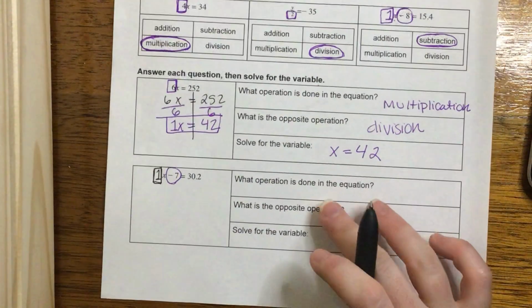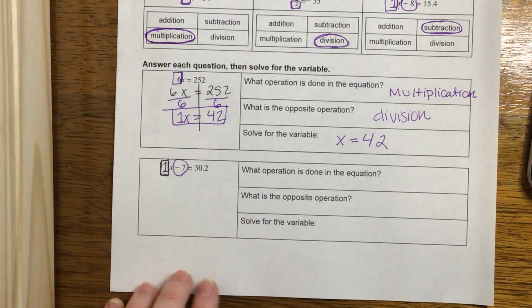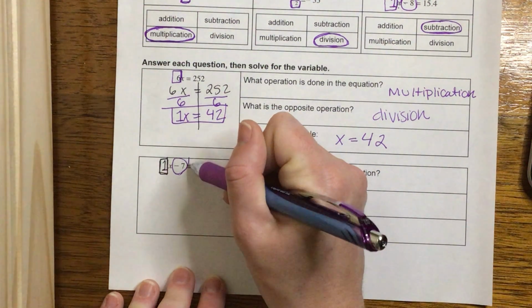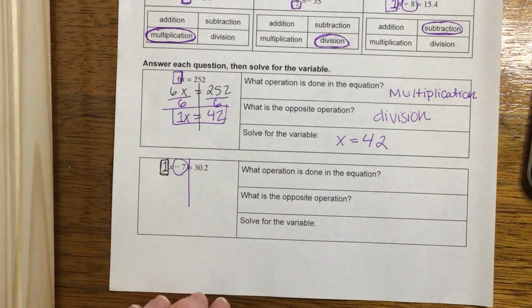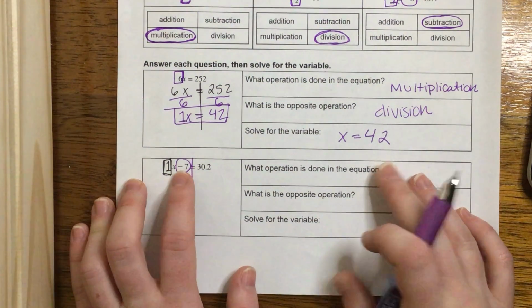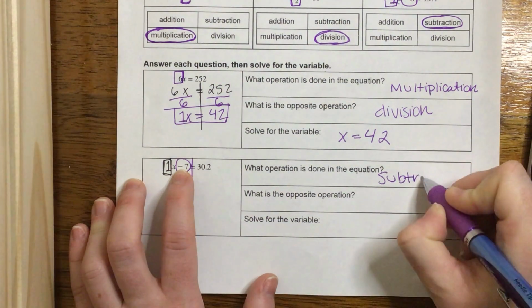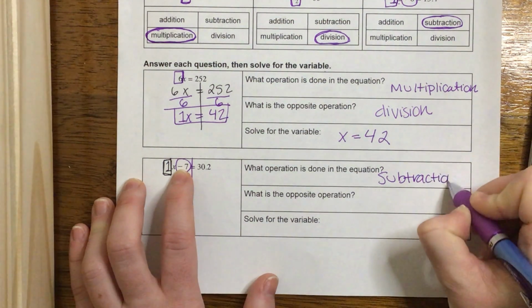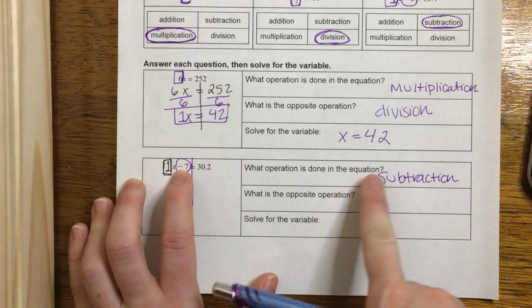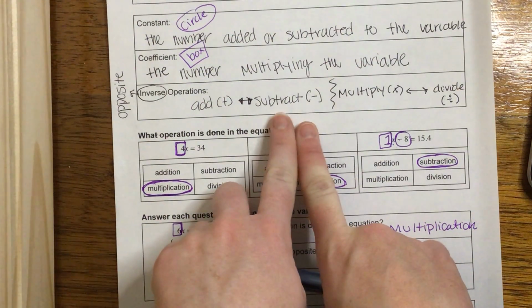So I'm just trying to get that x by itself. Draw a line through the equal sign. So what's happening to my x is that I'm subtracting 7. The operation that's happening is subtraction. The opposite of subtraction is addition.